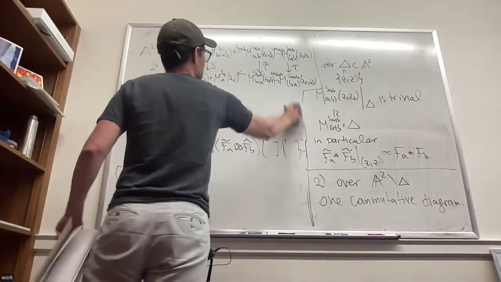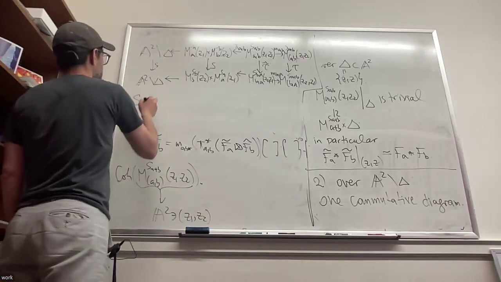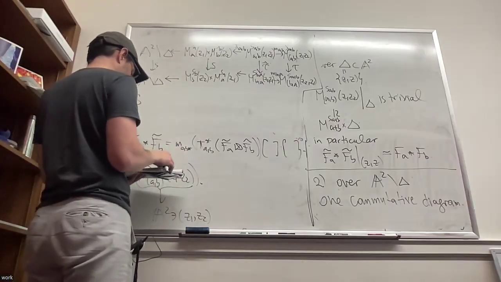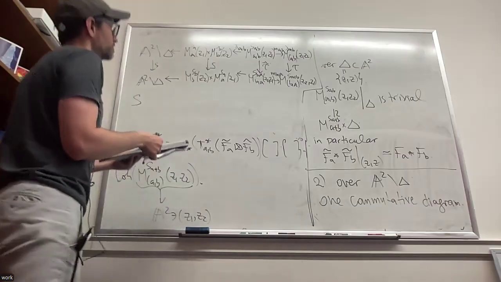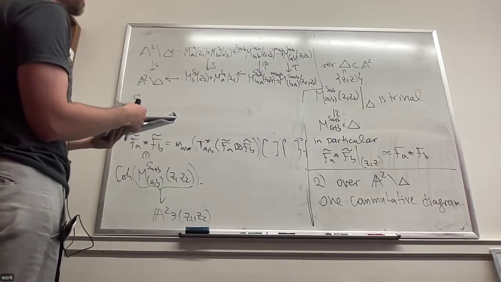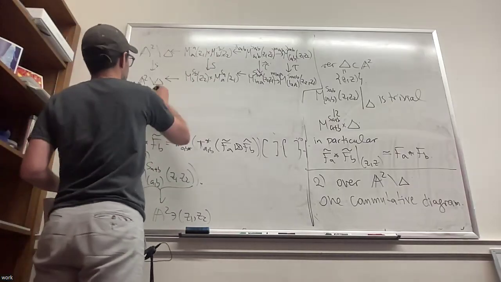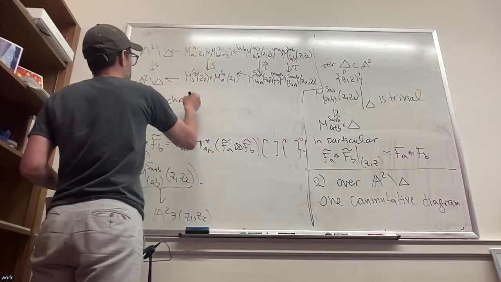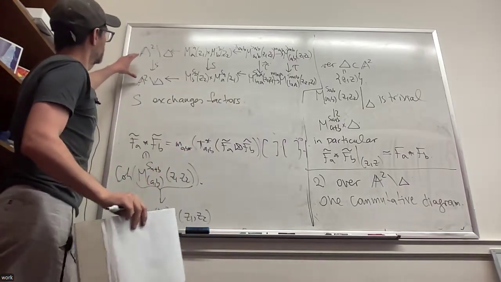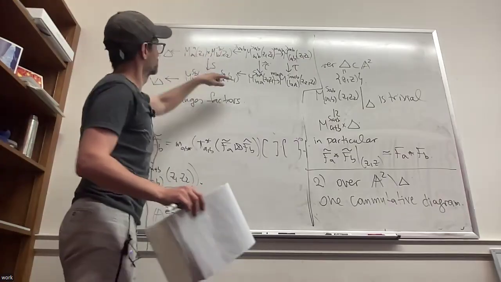So let's parse what I just wrote. This S is just exchanging the factors. Both of these S's exchange factors, mainly exchanging Z1 and Z2.